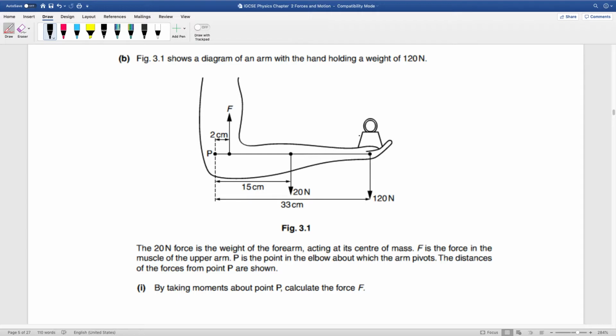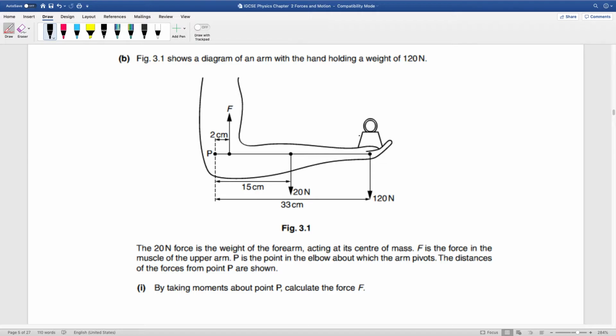Now, from this case, in terms of biology, you know there's a tricep and a bicep. When one contracts, the other relaxes. They're antagonistic. Now, here is the bicep or tricep?